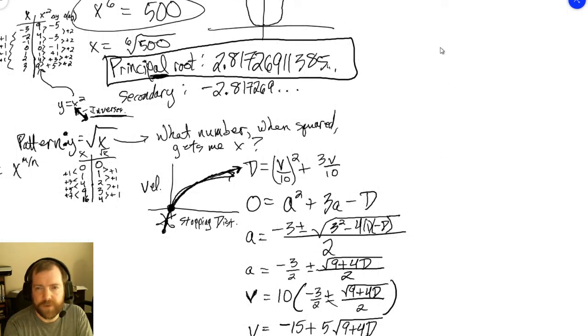So, you've got something like y equals 2 to the x.